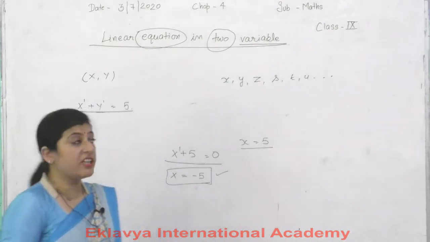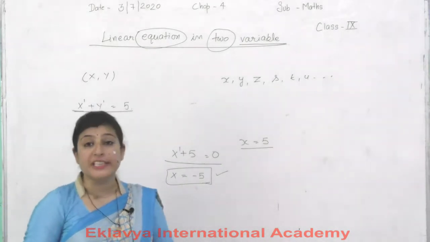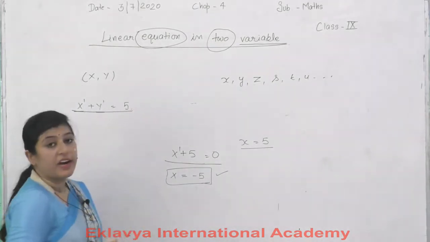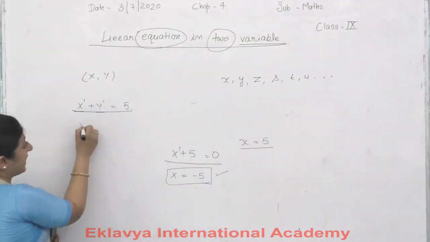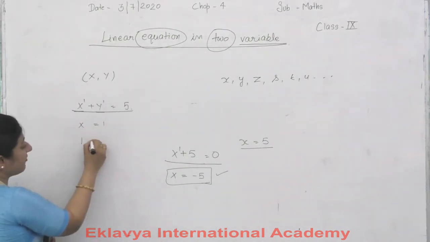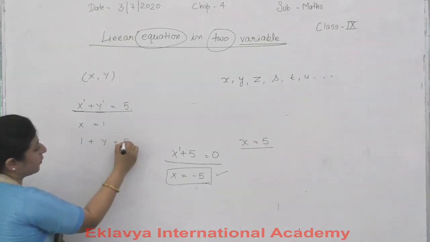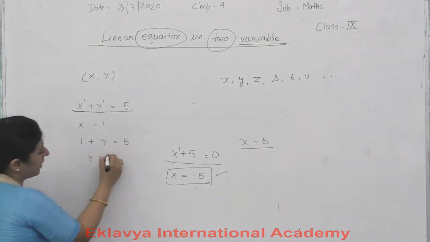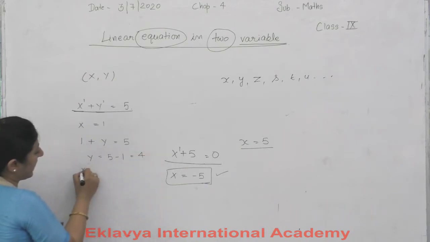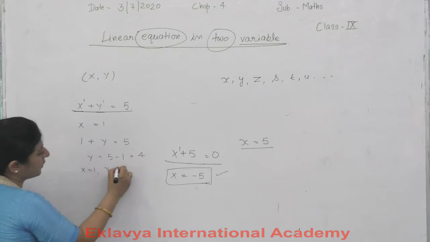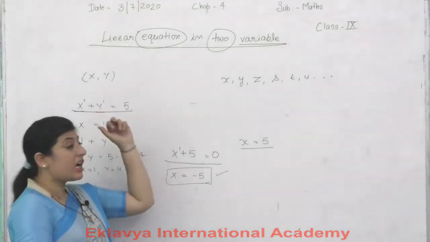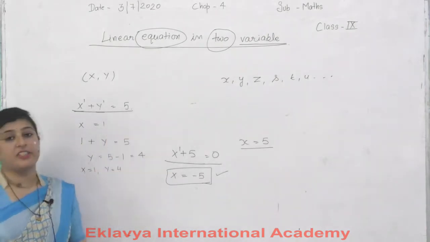Now see, we will check how many solutions it has. x plus y is equal to 5. Suppose I write x is equal to 1. Then put it: 1 plus y is equal to 5. y is equal to 5 minus 1, which is 4. It means x is equal to 1, y is equal to 4 satisfies this equation. This is a solution of this equation.